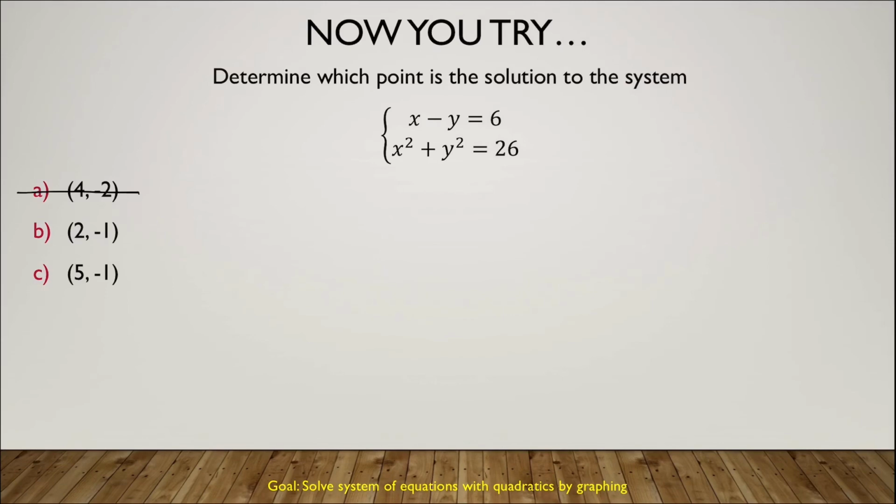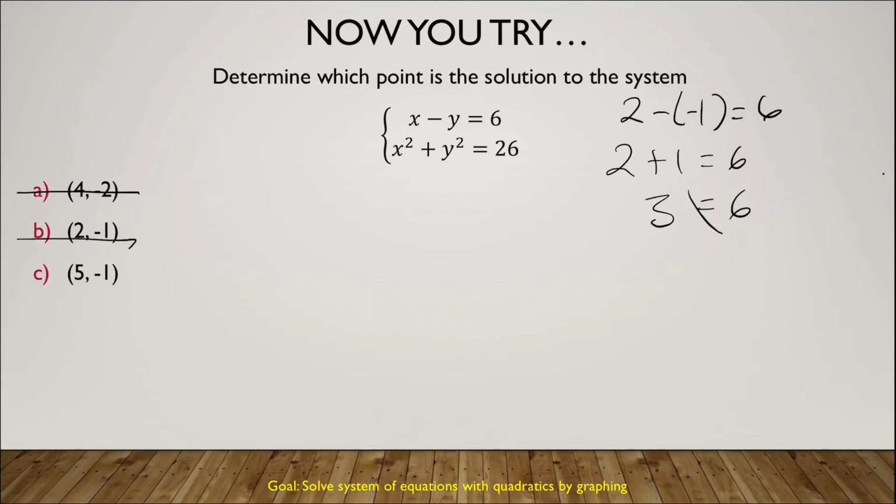Okay, next one. We get 2 minus a negative 1 equals 6. Let's check that out. 2 plus 1 equals 6. 3 equals 6 is not true, so we can cross that out. Now this is the last one. This is probably the one, but let's just make sure.